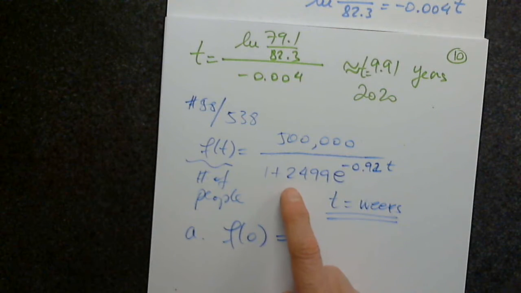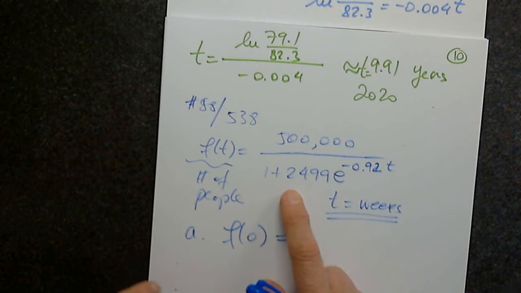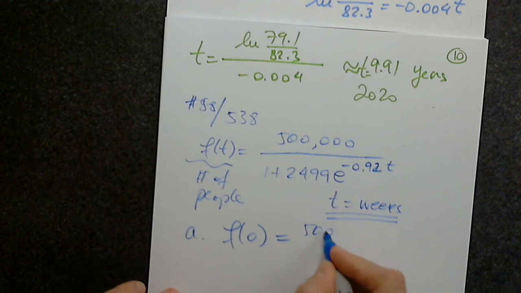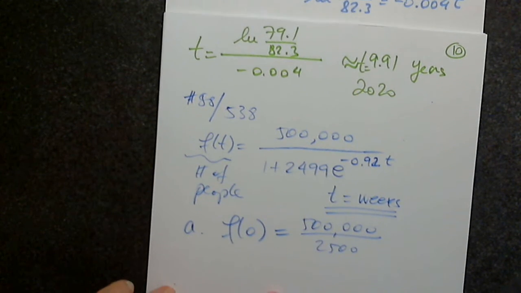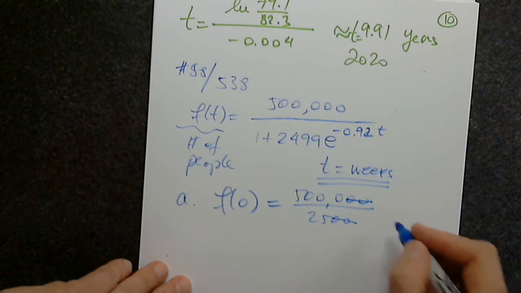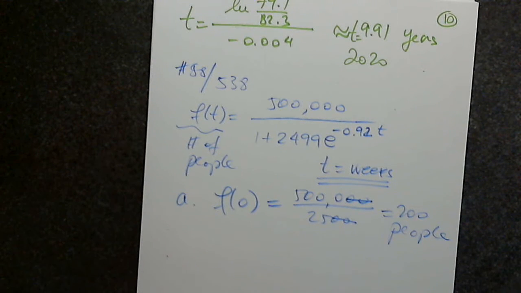Excellent. 1 times 2,499, plus 1, is 2,500. 500,000 over 2,500 is 200 people indeed. So initially, 200 people got the flu.